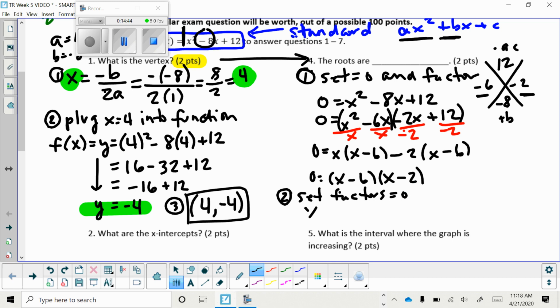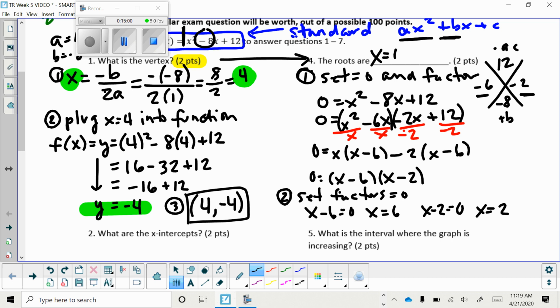So x minus 6 equals 0 gives me x equals 6. And x minus 2, that's my second factor, equals 0, gives me x equals 2. And those are my roots.